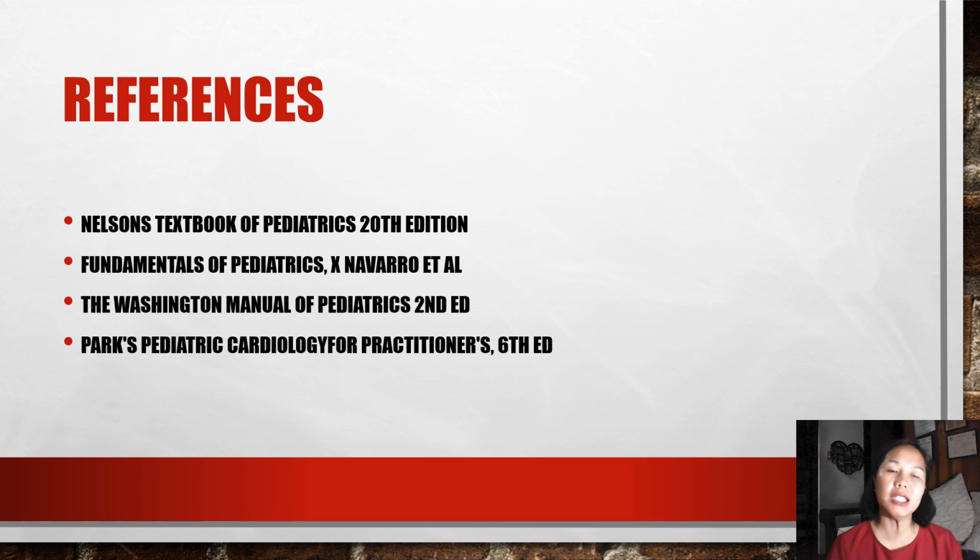We have discussed ventricular septal defect, patent ductus arteriosus, and tetralogy of Fallot. And I have also taken up heart failure and the other acquired heart diseases such as Kawasaki disease and infective endocarditis.